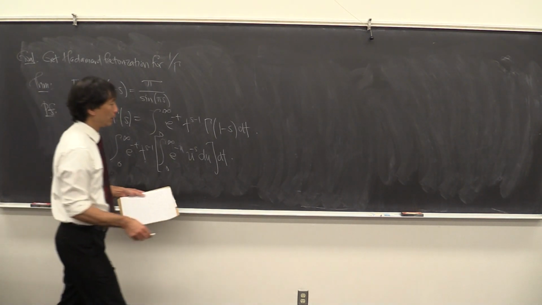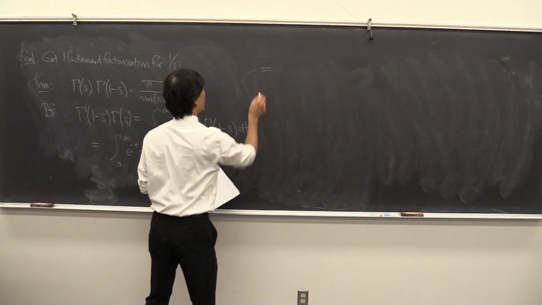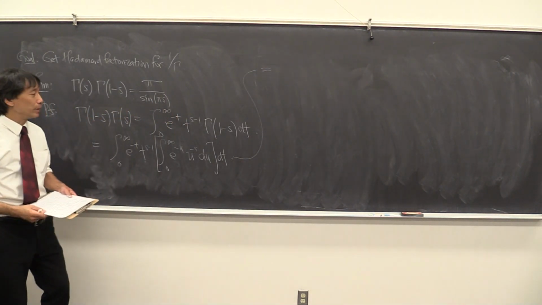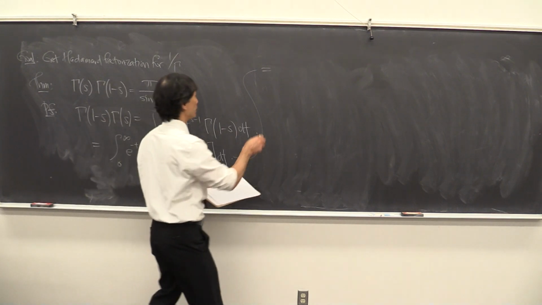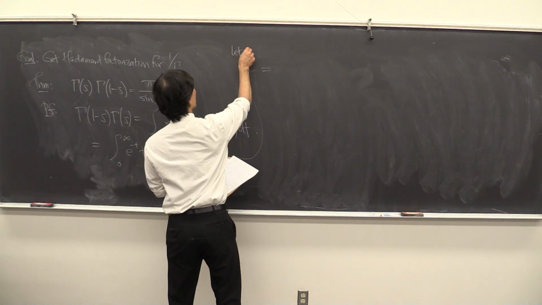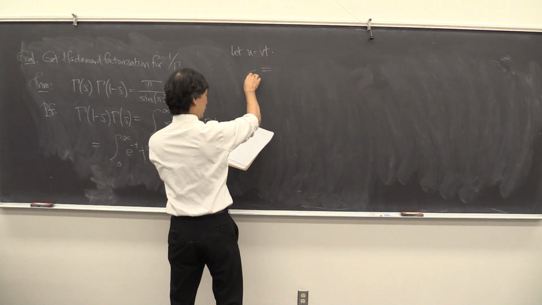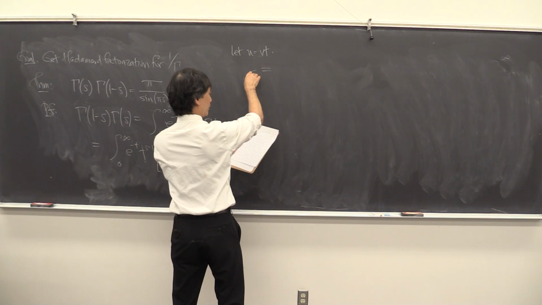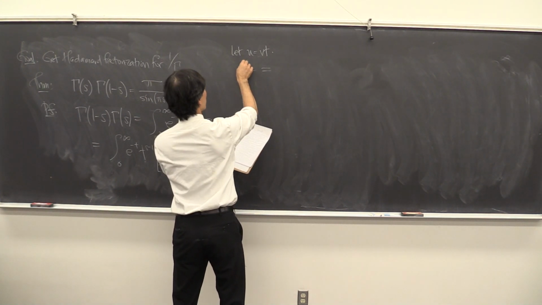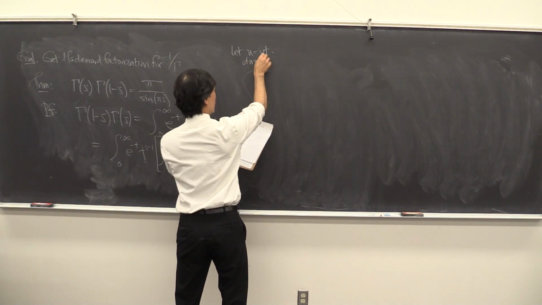If we do a change of variable, let u be vt. And of course du is going to be t dv.